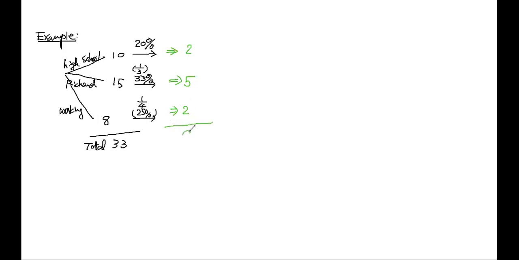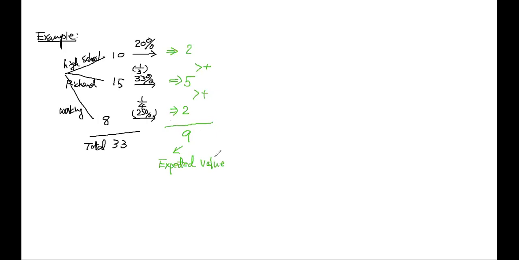When you add this up, how many do you have? 9. So what is this 9? This 9 is what we call the expected value. So you expect 9 people will come.